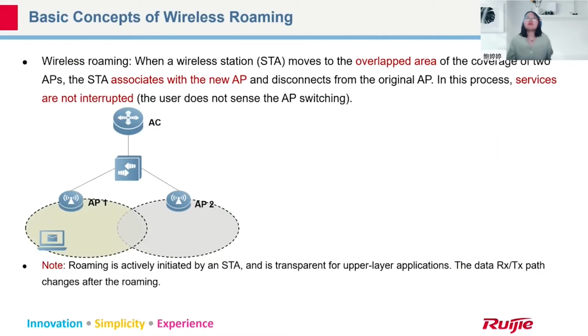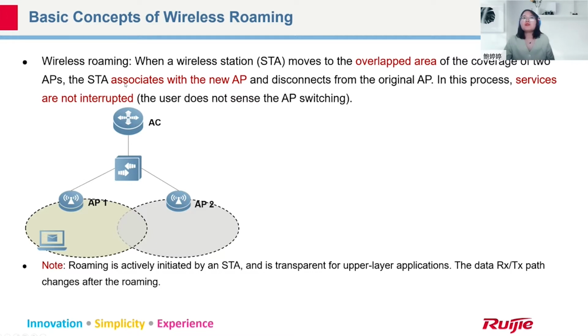About the basic concepts of wireless roaming: if we enable wireless roaming, it means a wireless station moves to the overlapped area. Like in this topology, the coverage areas of AP1 and AP2 overlap. These places we call the overlapped area.